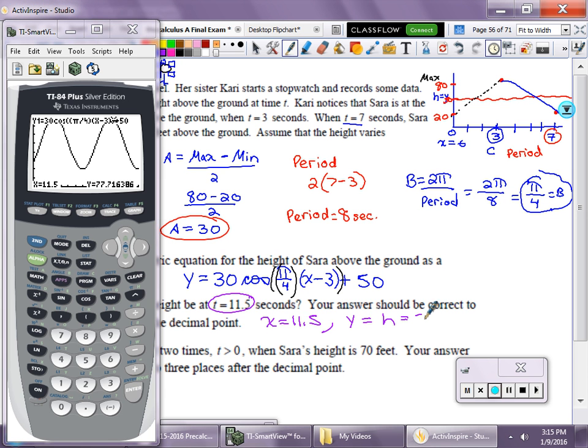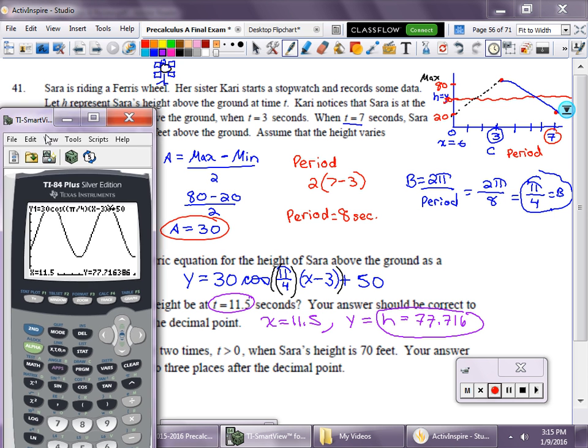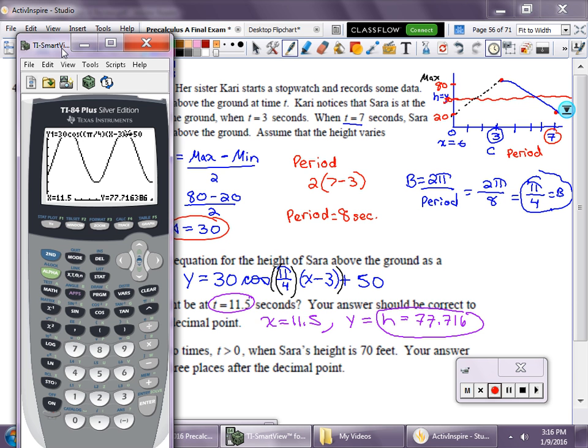Okay, and we get 77.716. That's very straightforward. Box this in. And I forgot they put our unit of measure. I guess height is in meters. Ferris wheel is kind of high. Let me just say feet.